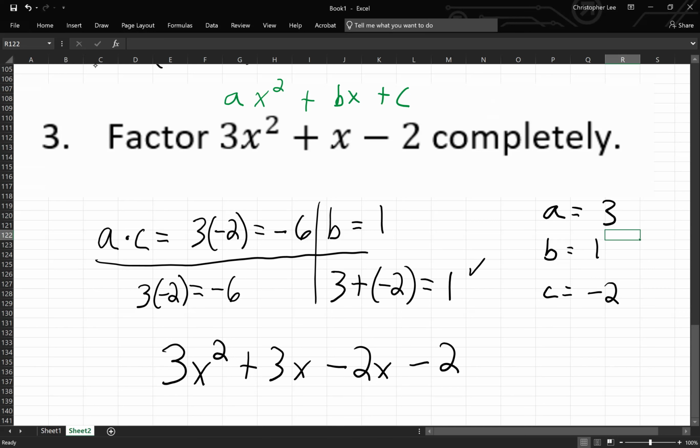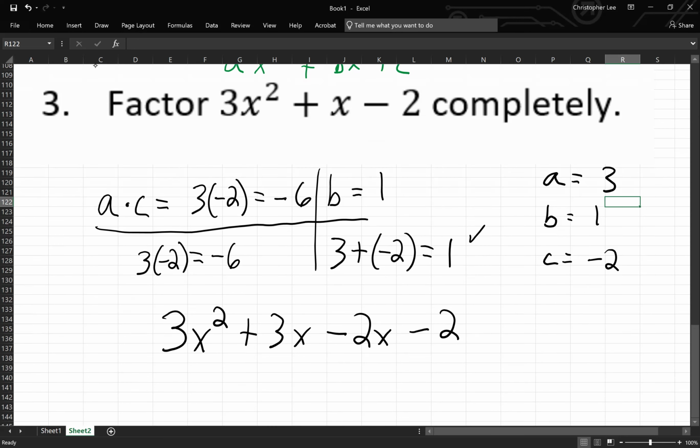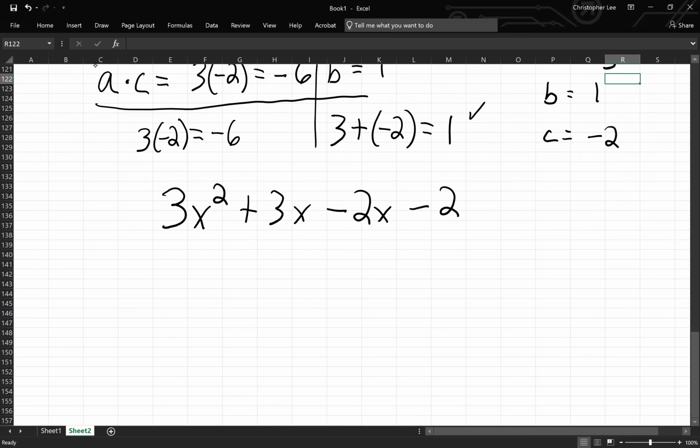And instantly I have 4 terms, just like the previous question. So what do I want to do with these 4 terms? I want to factor them by grouping. So I'm going to group these together. I have a left-hand group and a right-hand group.